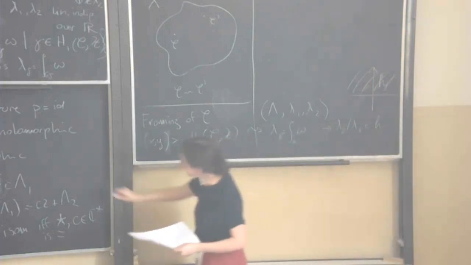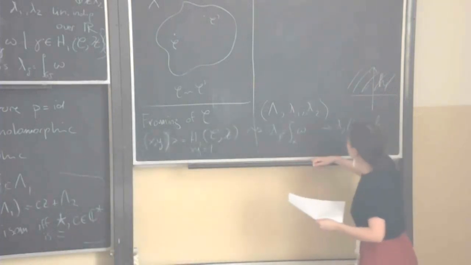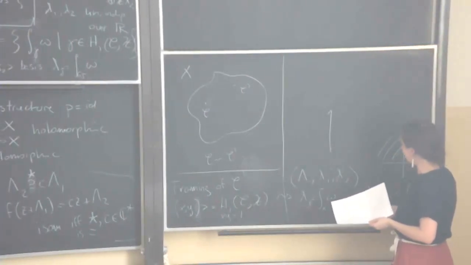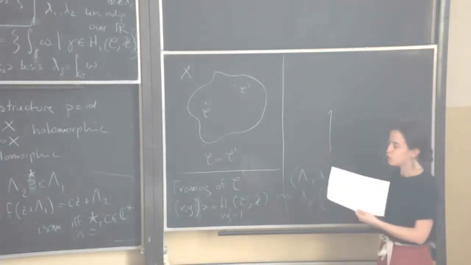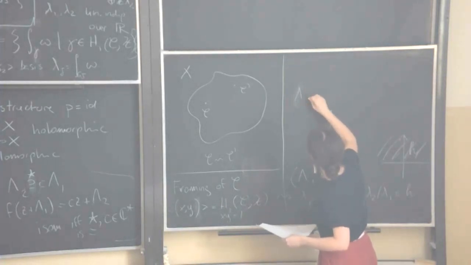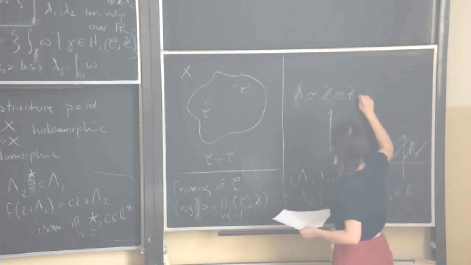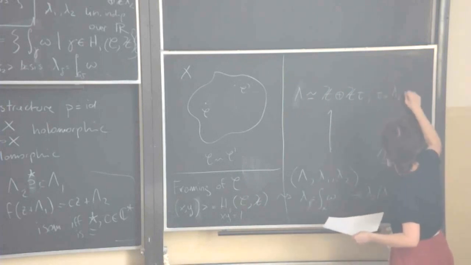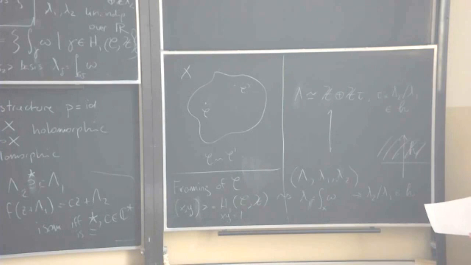And because of this, starting from any lattice here, we can always choose a normal form of this lattice, which is like this. So our lambda is always isomorphic to a lattice of this form here, where tau is our lambda 2 over lambda 1 and belongs to our H. So we're getting somewhere.